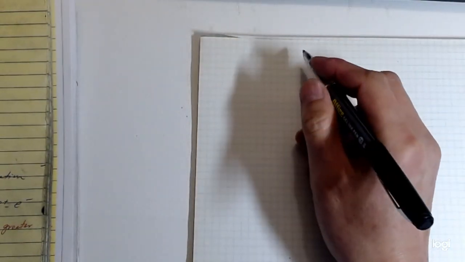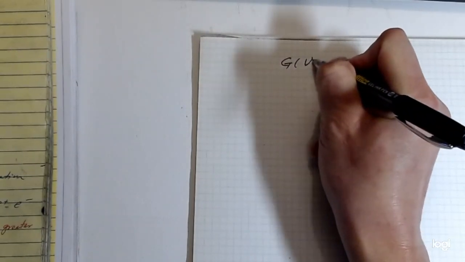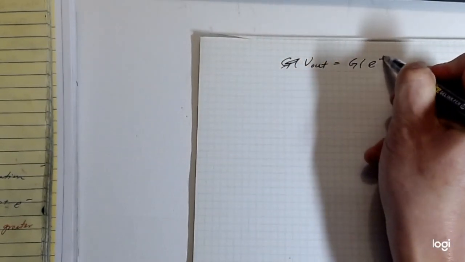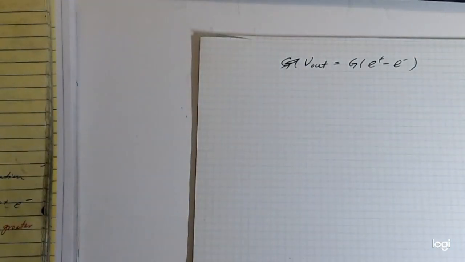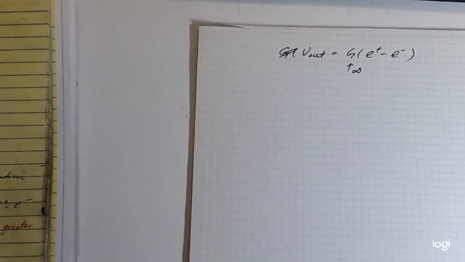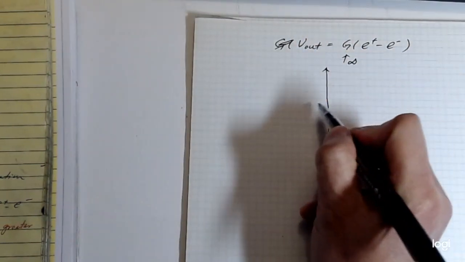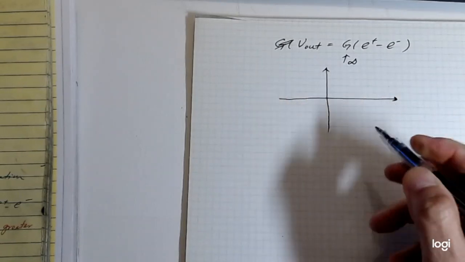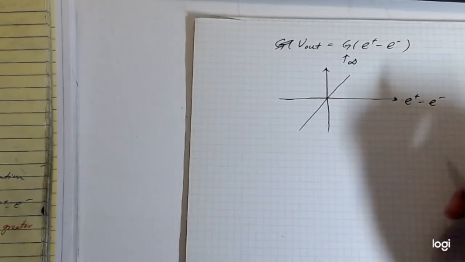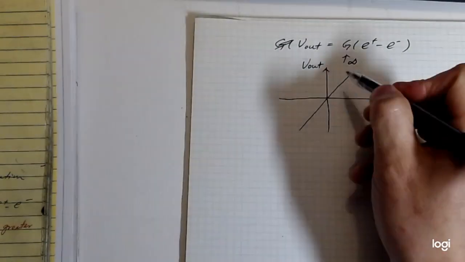Even though G is infinite for the ideal case, if you really look at the characteristic, if you plot E positive minus E negative on the x-axis and V out on the y-axis, the slope is G.